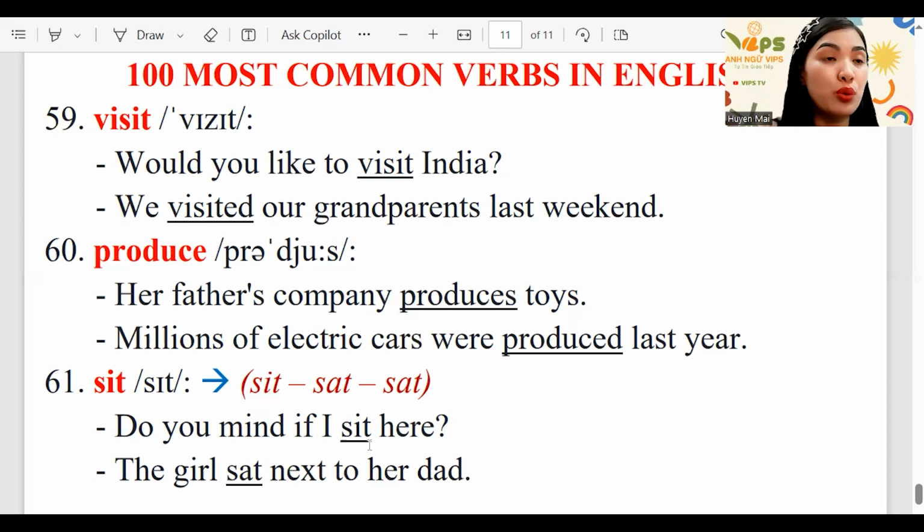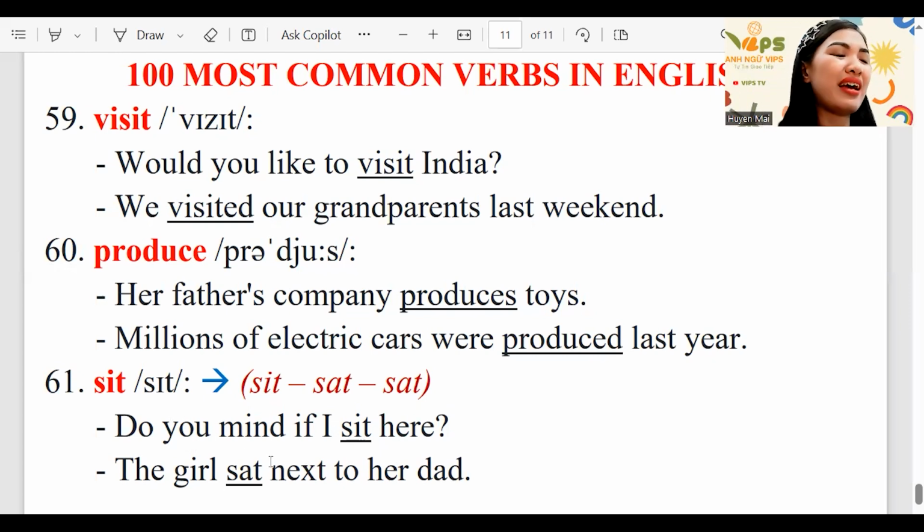Do you mind, verb in. Would you mind, verb in. Or do you mind if, subject, okay, verb infinitive. Or would you mind if, subject, verb in past simple form.